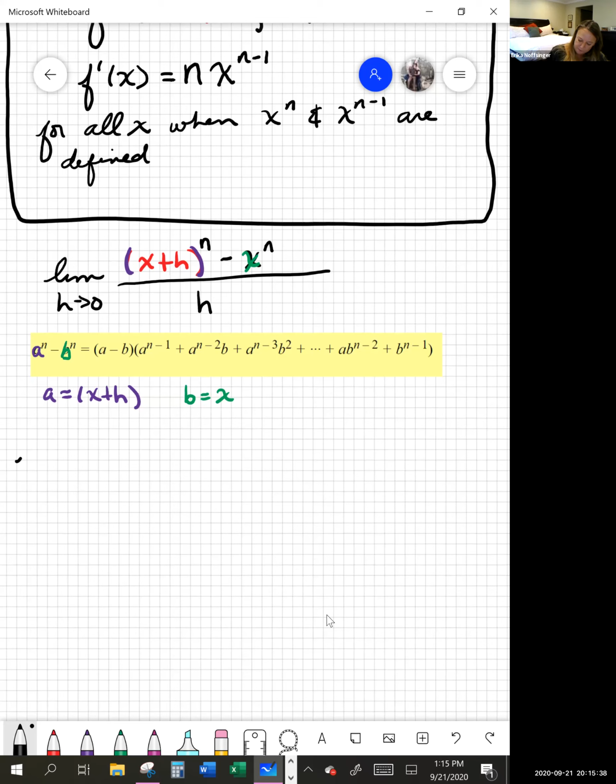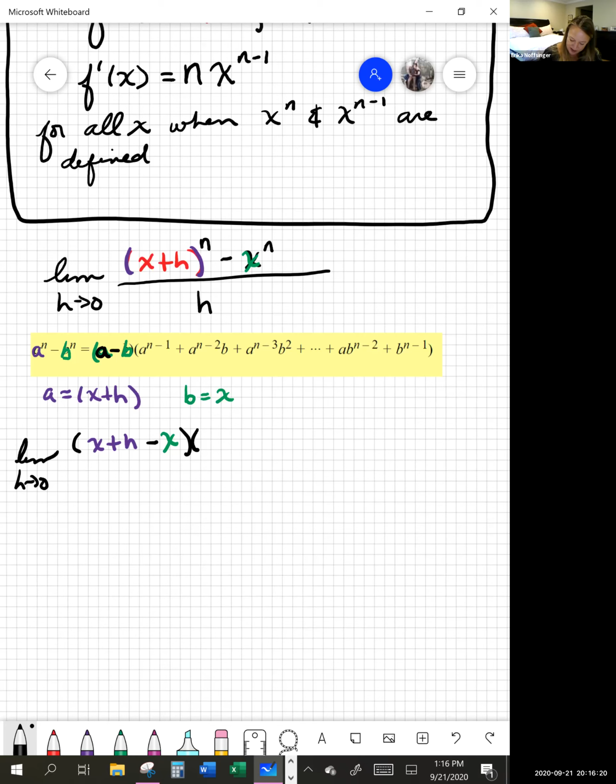So we have the limit as h is approaching 0 of x plus h minus x. So we're plugging in our a value here, which again was x plus h, minus our b value, which was x, all times a raised to the n minus 1 power.